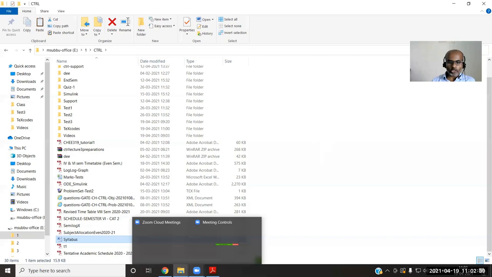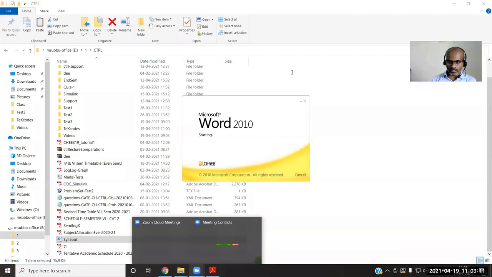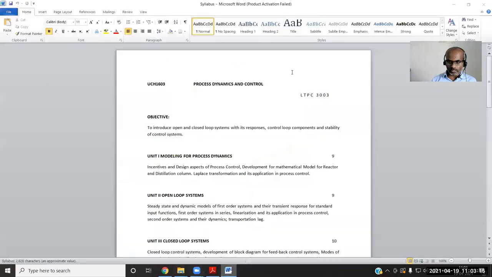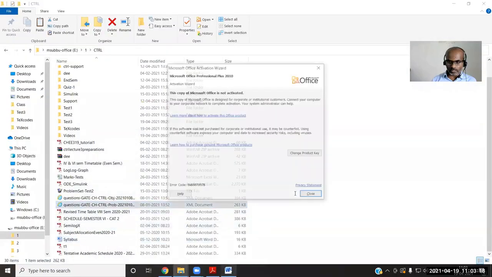So these two topics are all there for test 3. For the test 3 syllabus, of course route stability will also be included.